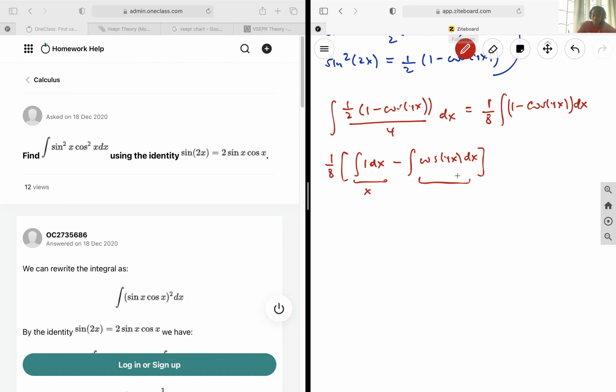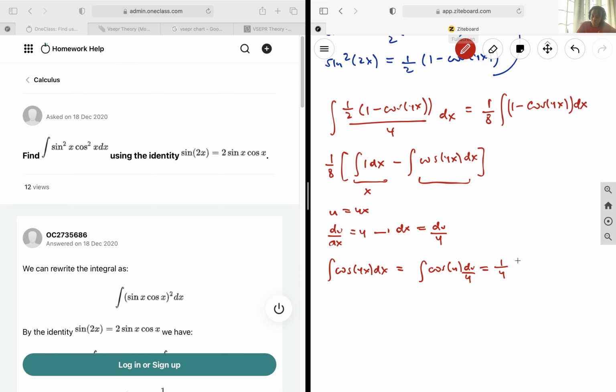And then similar to last time, we know that this is going to be equal to x, and we are going to use substitution for this one. We are going to set u as 4x, which means du over dx is going to be 4, which means dx is equal to du over 4. That means that the integral of cos 4x dx is going to be the integral of cos u du over 4.